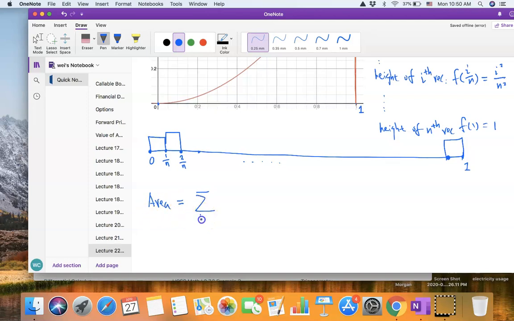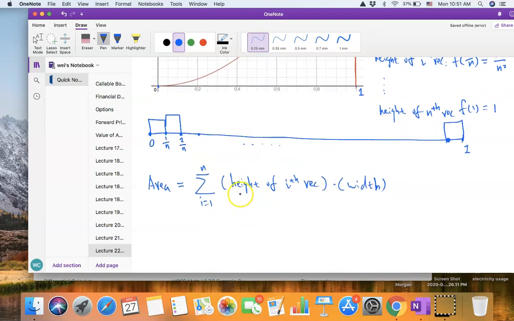So the sum of the areas of the rectangles we can write in this form. It is the height of the ith rectangle multiplied by the width. So this product gives us the area of the ith rectangle.